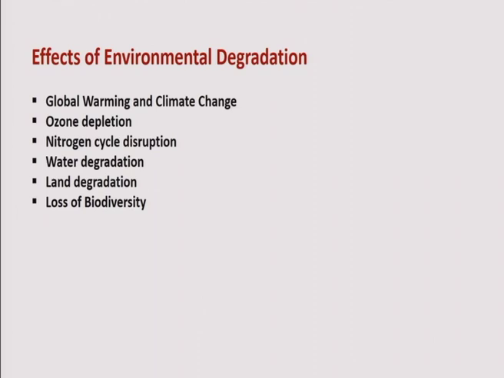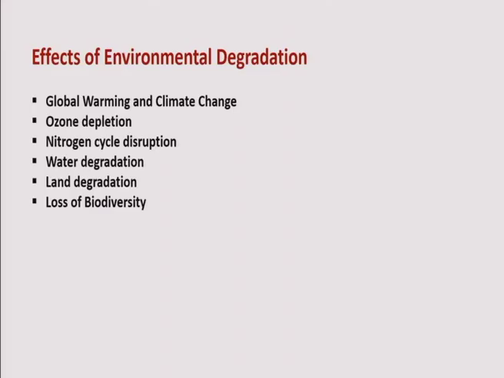Now, what are the effects of this environmental degradation? People are using a lot of refrigerators and ACs and also huge vehicles. Due to this, the important effects we have been observing are global warming and climate change.